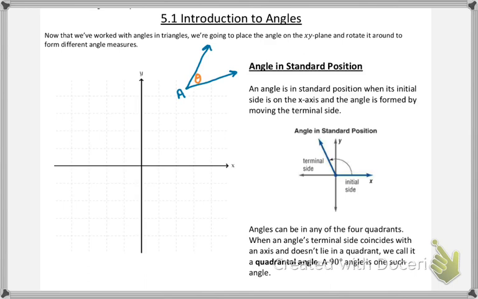So instead of looking at an angle in a triangle, now we're going to place this angle on the XY plane. So when we talk about an angle in standard position, a standard position angle is an angle with the vertex at the origin and one ray that forms the angle, which we call the initial side, is on the positive x-axis.